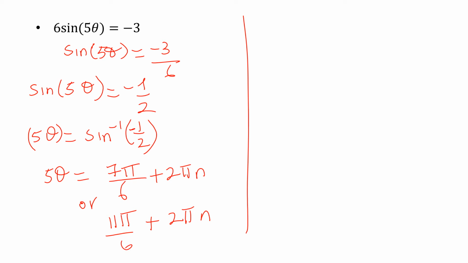But that's for 5 theta, so if we want to find theta, we have to divide all through by 5, which means multiplying by 1 on 5 across.